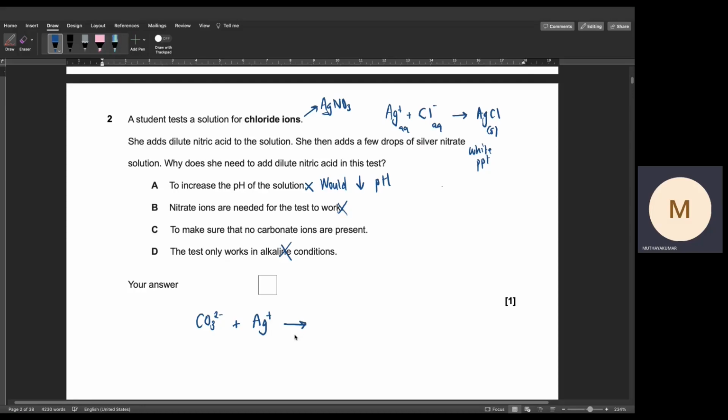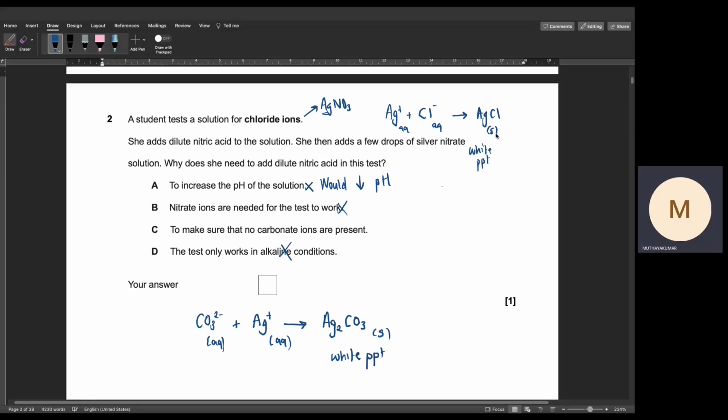Carbonate can also react with silver to form a precipitate. The identity of the precipitate is Ag2CO3. And since this is a precipitate, we've got the solid state symbols. Now, silver carbonate is also a white precipitate.